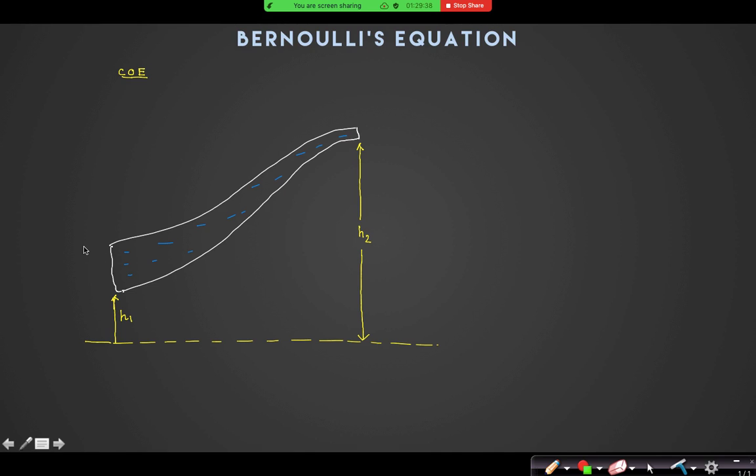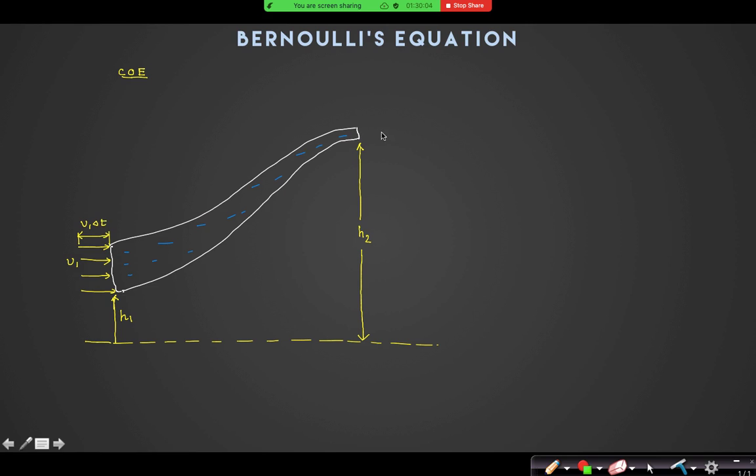If I say in a time delta t, this part of the liquid is entering the tube, how much liquid is entering the tube in this time delta t? It's A1 into V1 into delta t. This distance is V1 delta t.